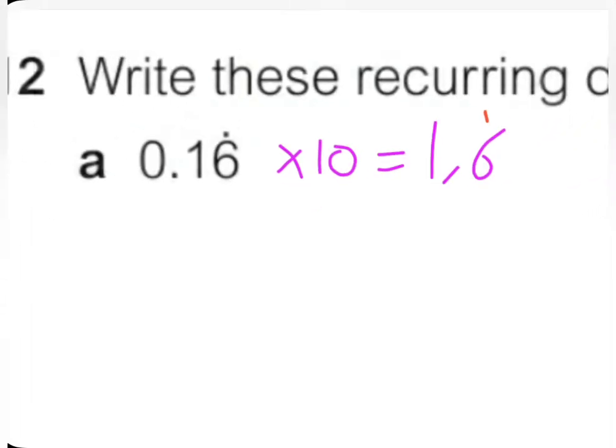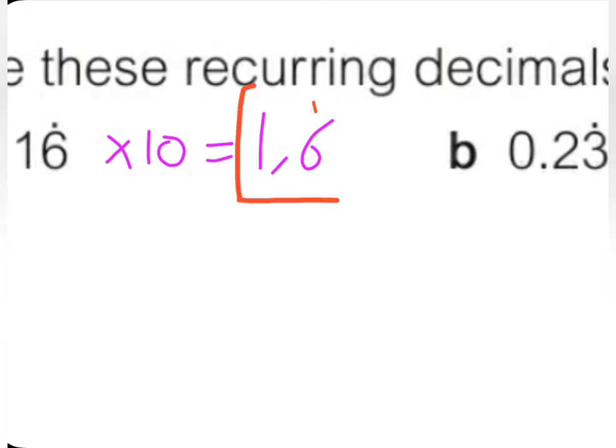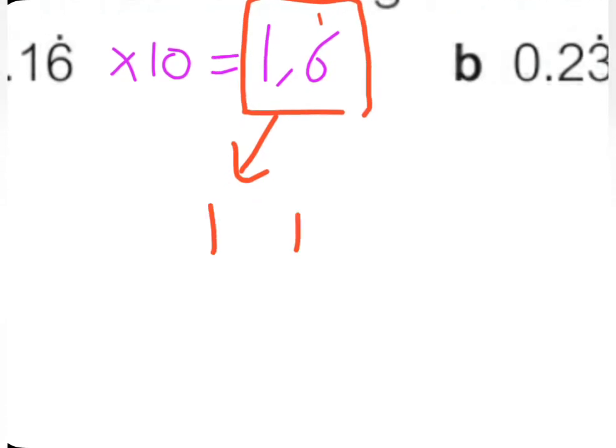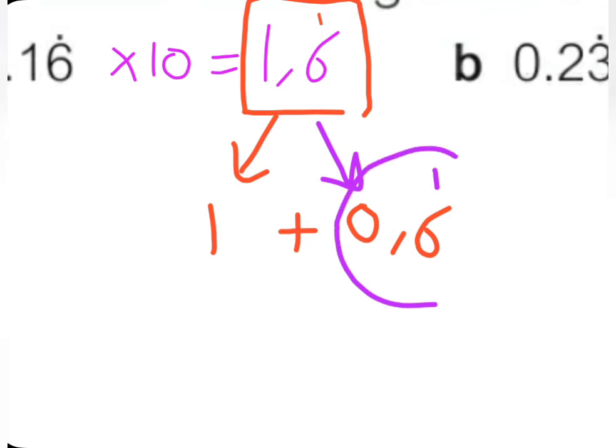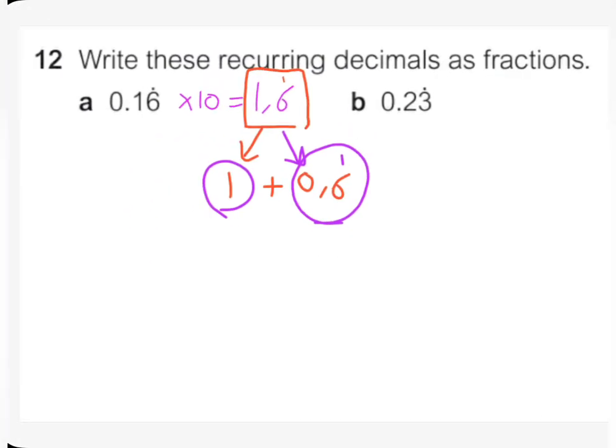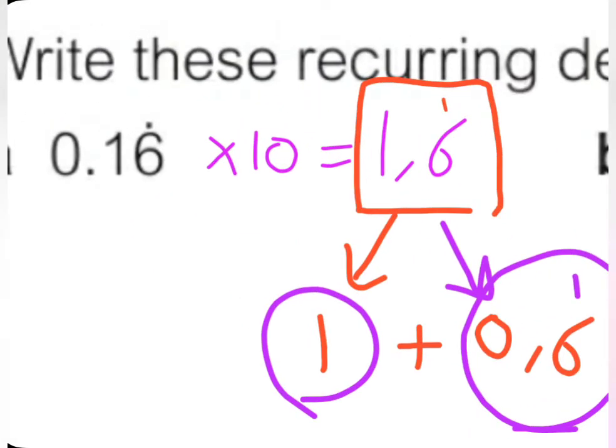Now 1.6 itself means 1 plus 0.6 with the point on the 6. I took you to this step because now you're going to find the fraction of this recurring decimal and then add it to the 1. After you finish adding it to the 1, do the opposite, divide by 10, to get the original number.